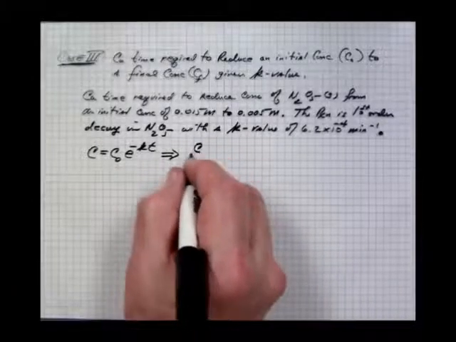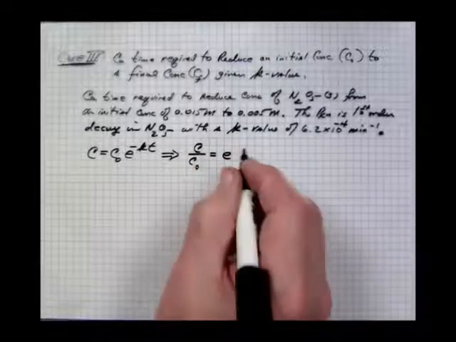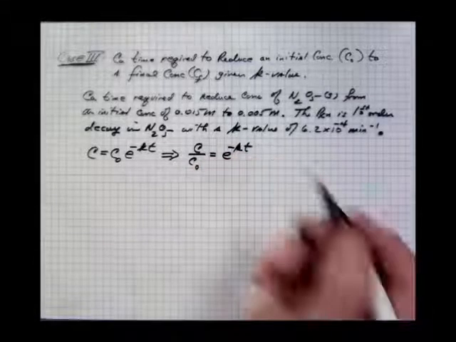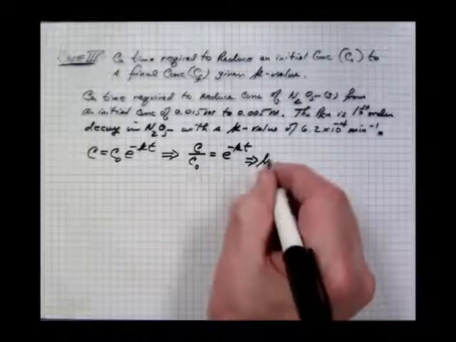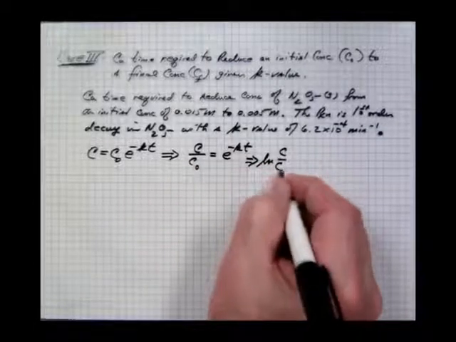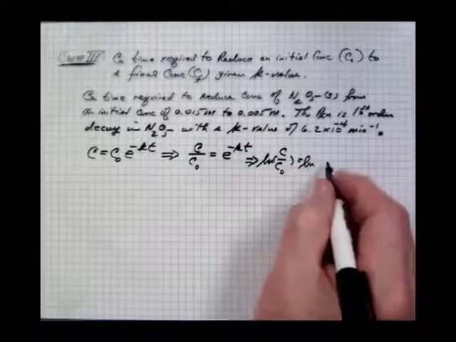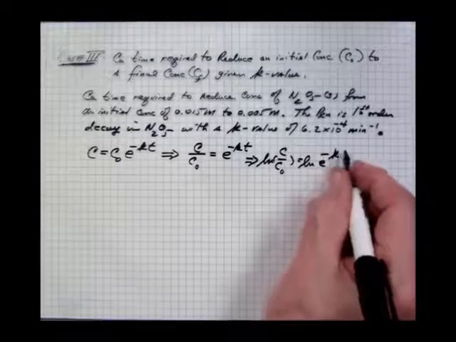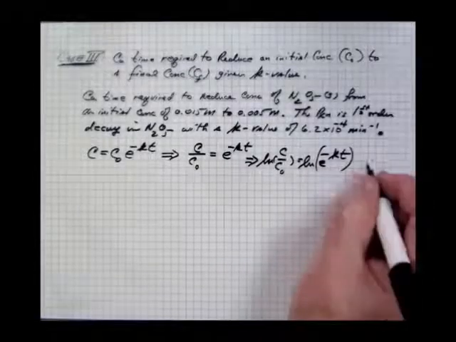We'll go first to C over C sub O equals e to the minus KT. Now we take the logarithm of both sides to equal ln of e to the minus KT, and that is minus KT.